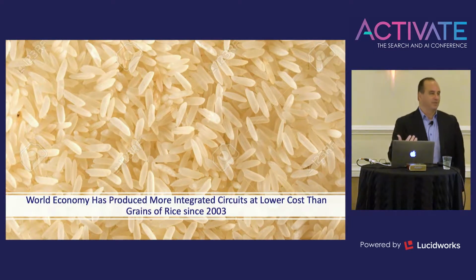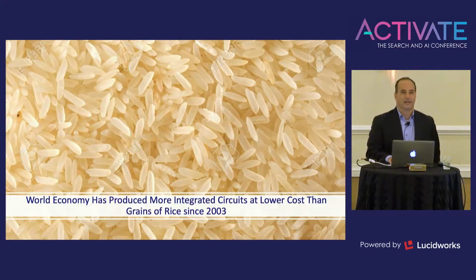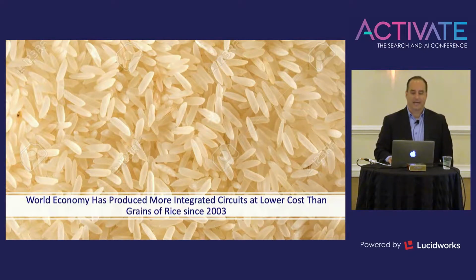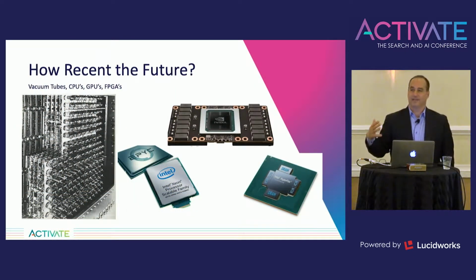That really is all about compute, that's all about power, and it's all about our ability to actually analyze huge volumes of data. And so we see this manifested itself from the transition, of course, from vacuum tubes, as we then go to CPUs, GPUs, and things like FPGAs. Each of these now kind of has its own basis in how we analyze data, how we model data, and how we evaluate and derive models based on that data.